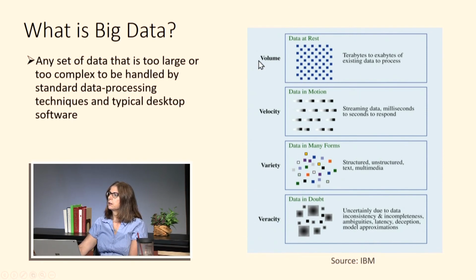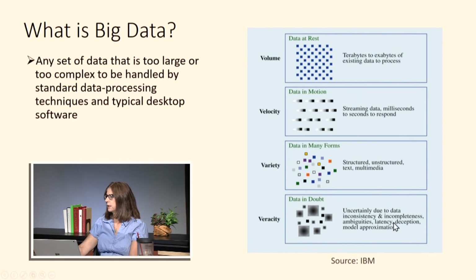There is data at rest, which we already have, versus other data that we are collecting in real time. There is velocity: how quickly is the data streaming in, as we collect it in real time. The variety: is it structured, unstructured, video, images, or just numbers and text?